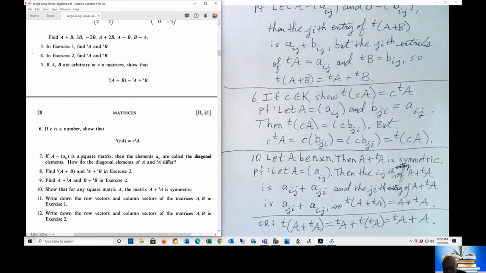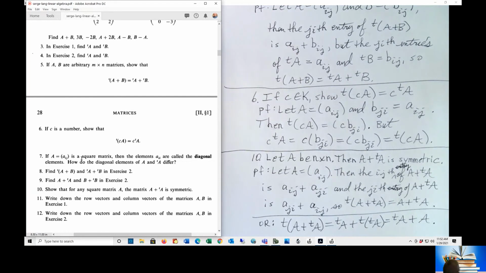Do it this way. We've already proven in exercise number 5 that the transpose of the sum equals the sum of the transposes. So the transpose of A plus transpose A equals transpose A plus the transpose of the transpose of A, which equals the transpose of A plus A. It's very simple to see that if you transpose the transpose of A, you're interchanging the ijth entries, and then you're simply swapping them back where they were.